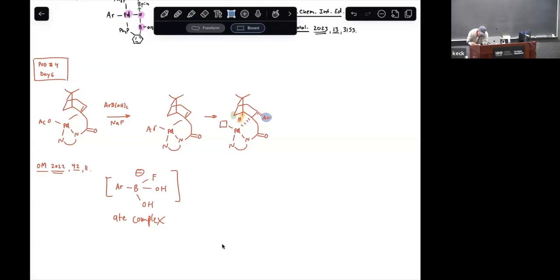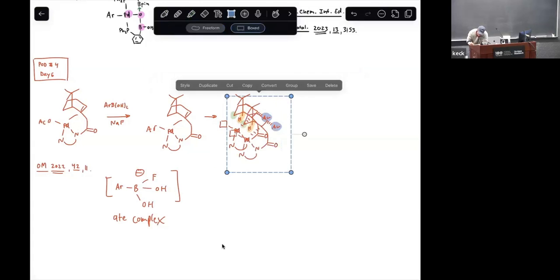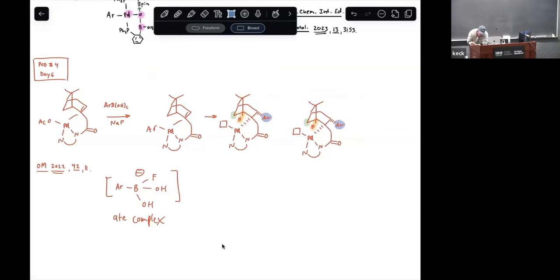And then what will we get here? You get the olefin between where you're already attached and the former bridgehead carbon, and then you have the alkyl.